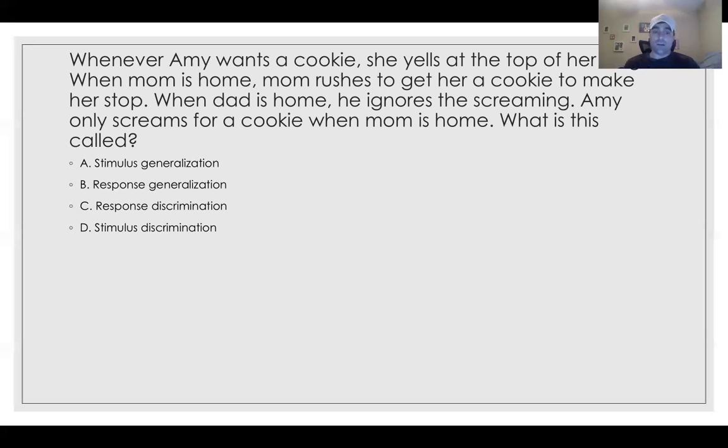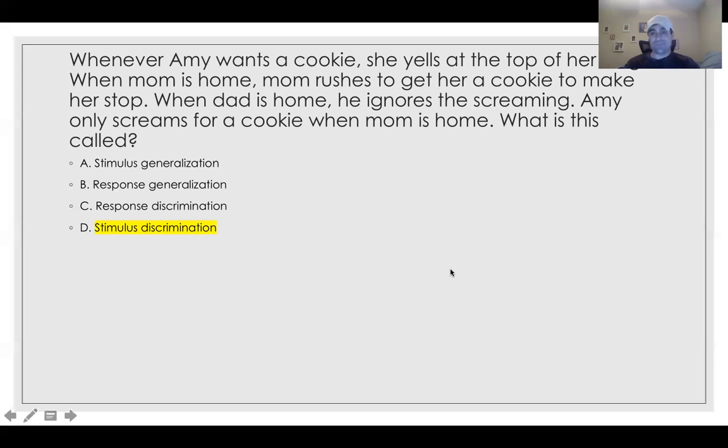Two stimuli, between mom and dad. How does discrimination occur? Well, behavior is reinforced in the presence of one stimulus and not in the other. In this case, behavior is reinforced in the presence of mom, but not in the presence of dad. This has taught Amy to scream when mom is home and not when dad is home. So she has now discriminated between different stimuli.